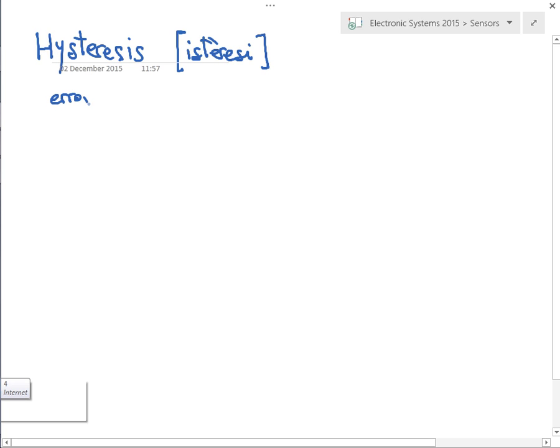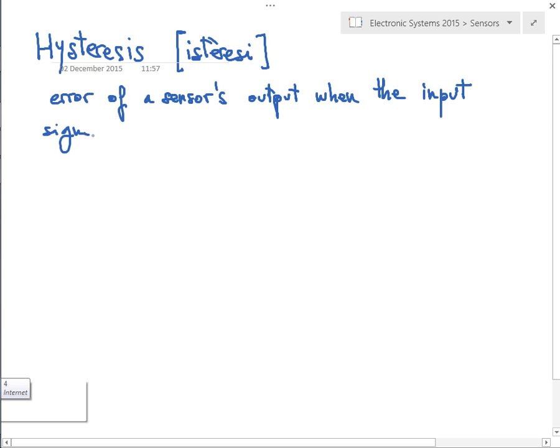Basically, it is the error of a sensor's output when the input signal is reached by different directions.